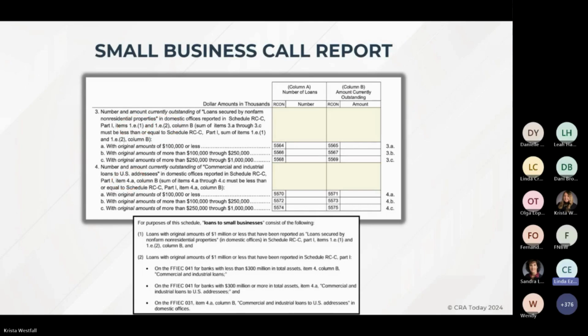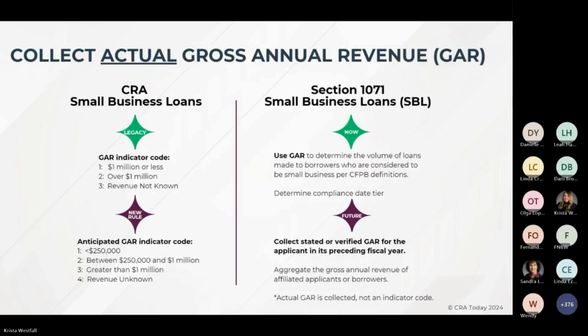If you want to study a little bit more, you could pull out those call report instructions and get clear for your bank: are we doing this part right? Have we revisited certain extracts that we have, and are we really honing in on capturing all the loans that count? So let's go to the next slide.